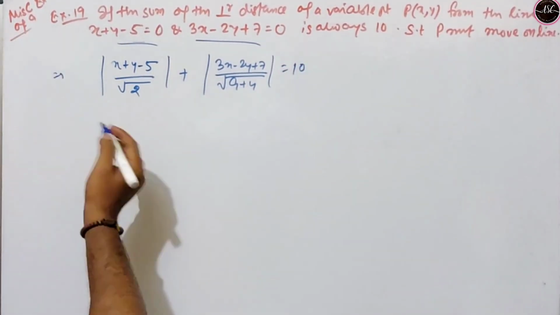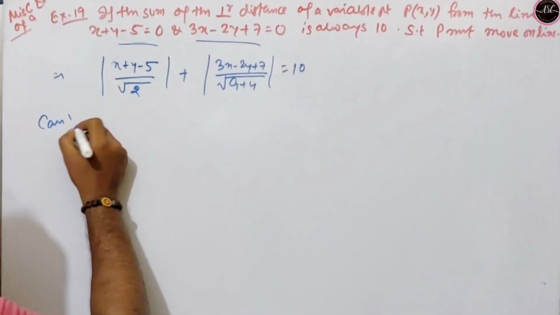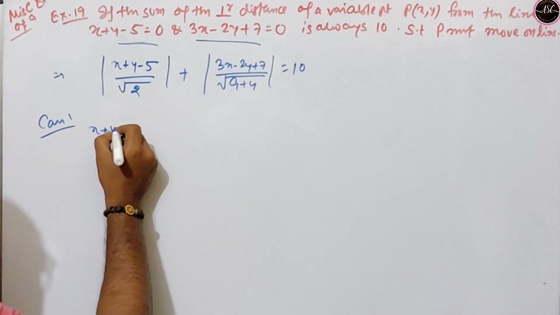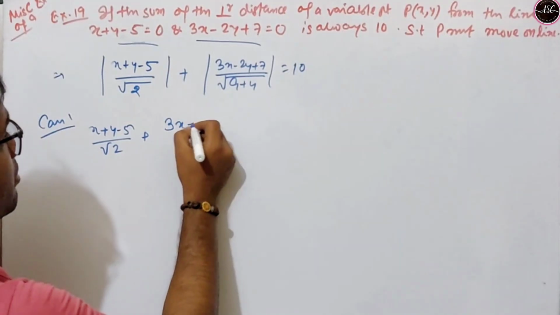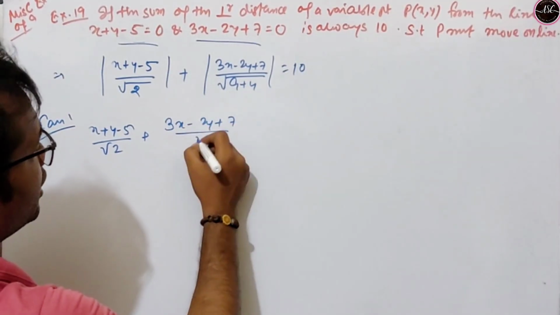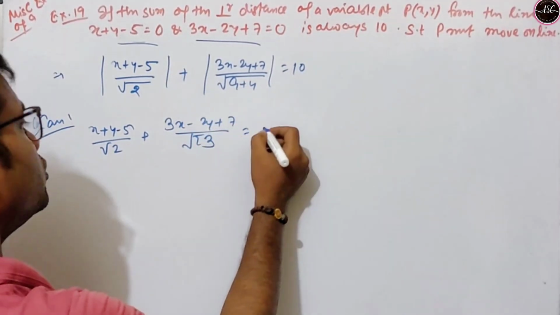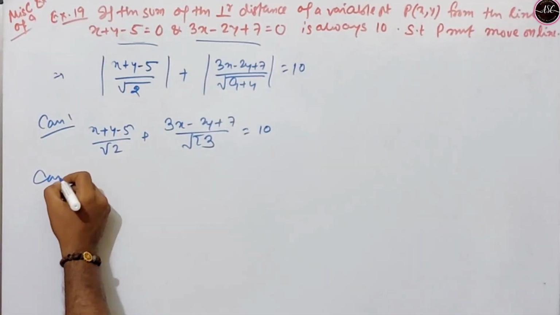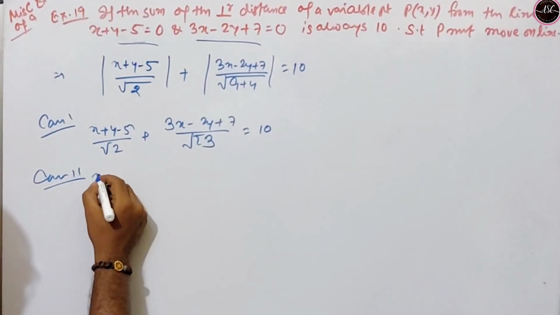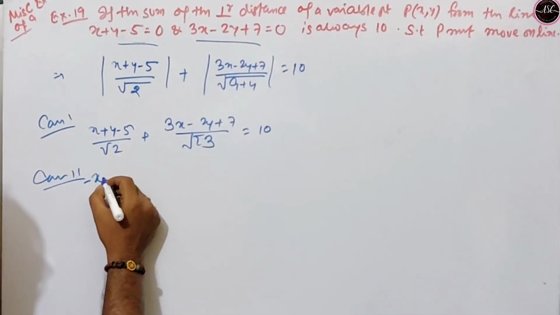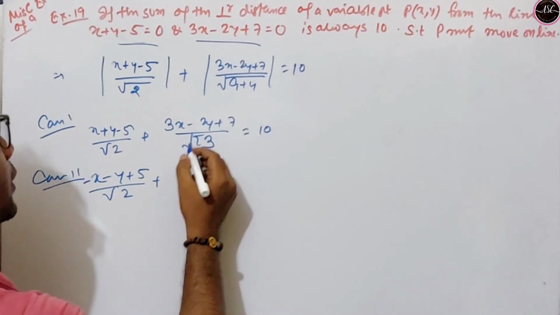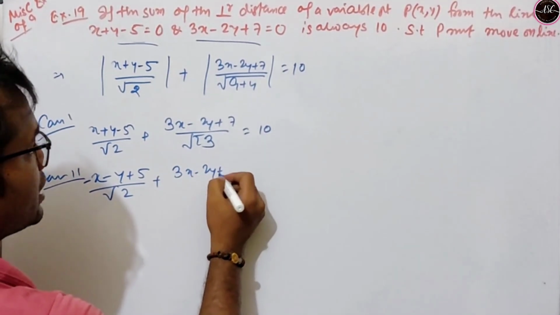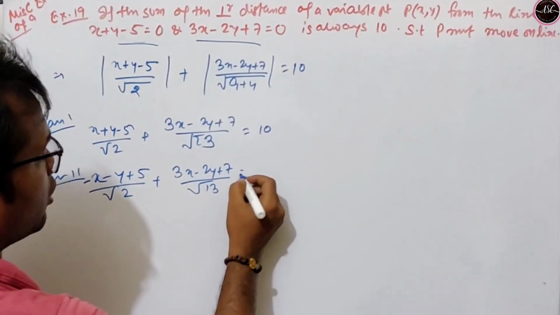Okay, so there must be some cases. Case 1 may be (x plus y minus 5) divided by root 2 plus (3x minus 2y plus 7) divided by root 13 equal to 10. Case 2 may be minus of (x plus y minus 5) divided by root 2 plus (3x minus 2y plus 7) divided by root 13 equal to 10.